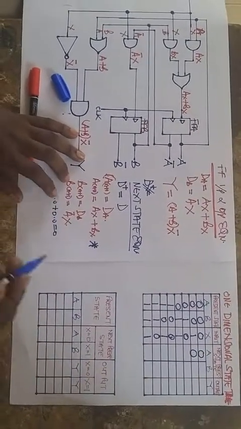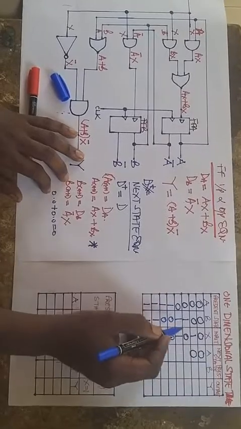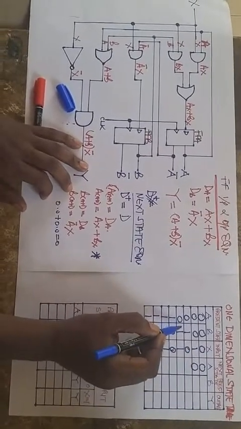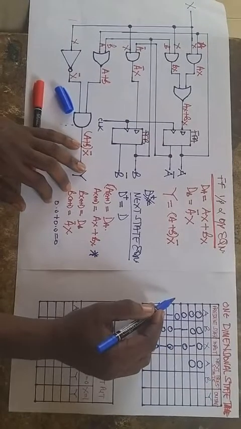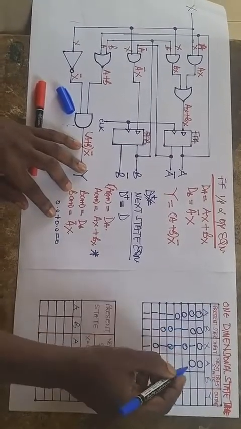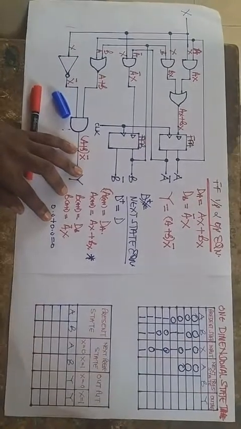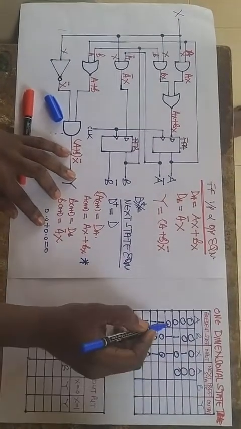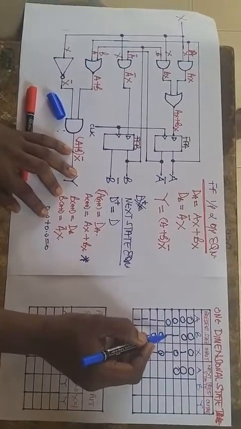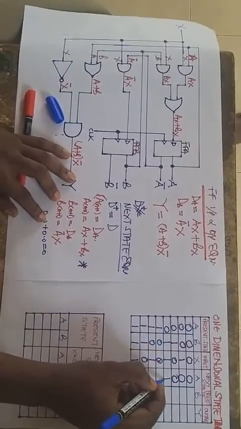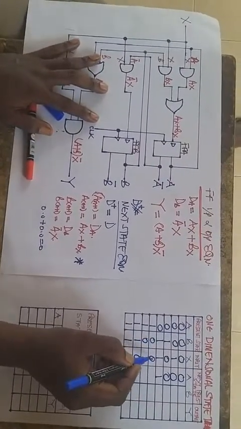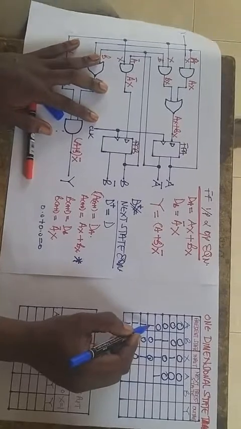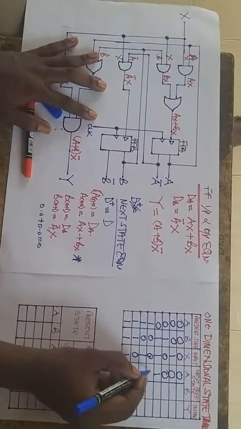Now A is 0, and X is equal to 0, so it will be 0. And then B is 1 times 0, this will also be 0. Now the A side will be 0, but the B side will be 1, because 1 times 1 is 1. Now the B side will be 0, because X is equal to 0, despite that A is 0, it's also going to be 0 when we multiply.